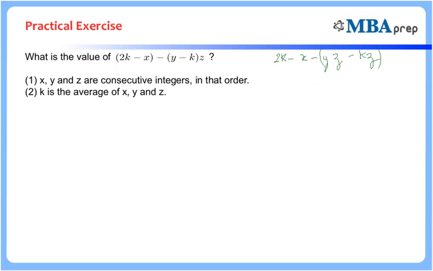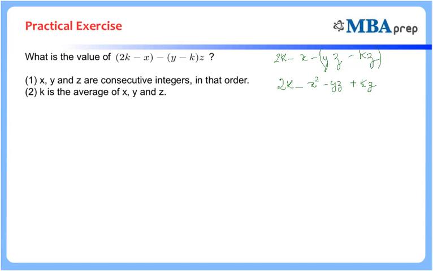So this is the expression. And the best that I can get by now is this. First, X, Y, and Z are consecutive integers in that order.